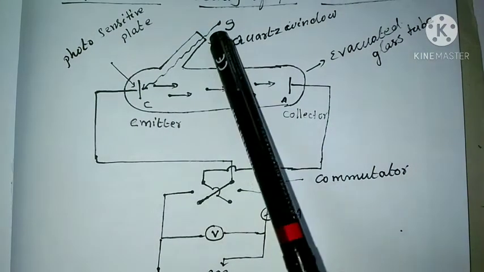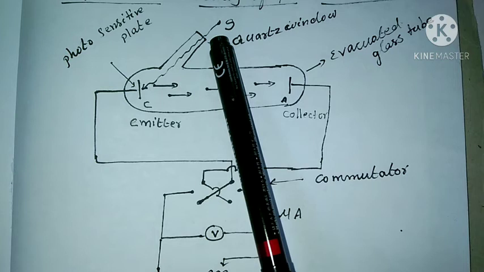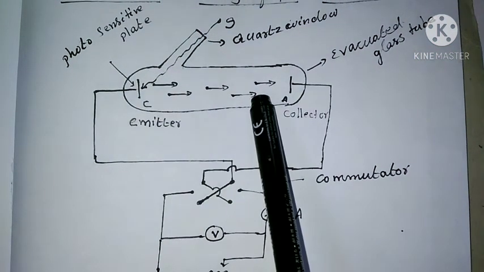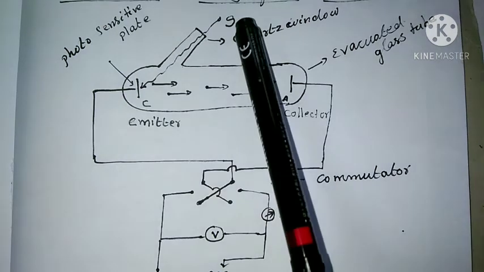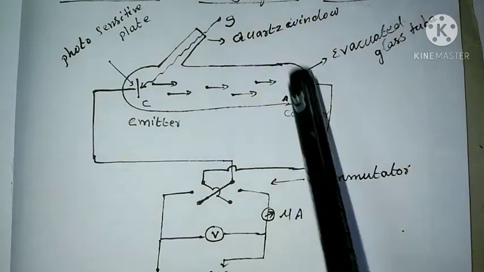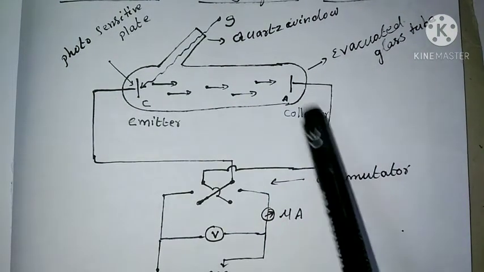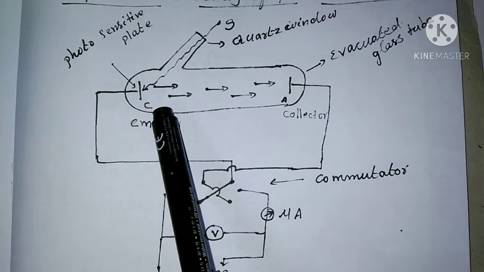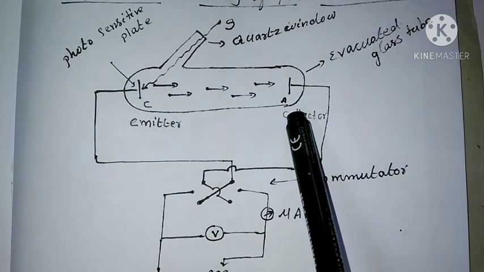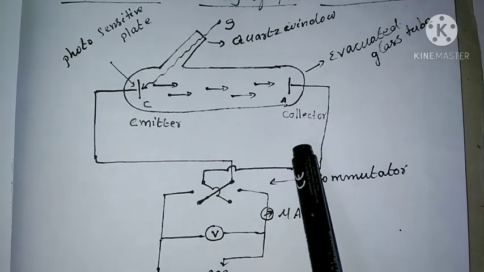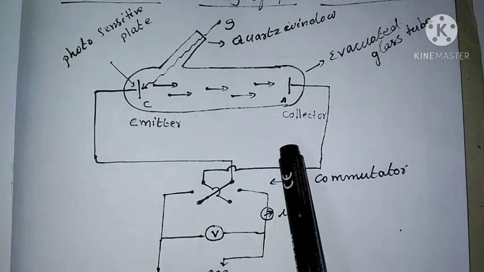For the fixed intensity, since intensity is proportional to the number of photoelectrons emitted per second, the intensity is not changing. So when you increase the collector potential again and again, the number of electrons attracted by the collector increases, and the photocurrent increases. In this way, when you increase the collector potential, a stage is reached.